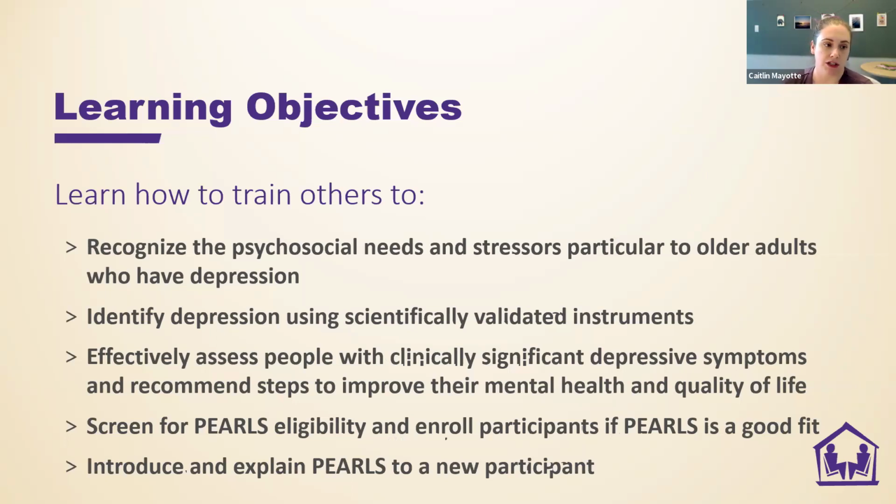So we'll be teaching you how to teach others to identify depression using scientifically validated instruments, and how to go about assessing people with clinically significant depressive symptoms to then make recommendations to improve their mental health and thereby their quality of life.